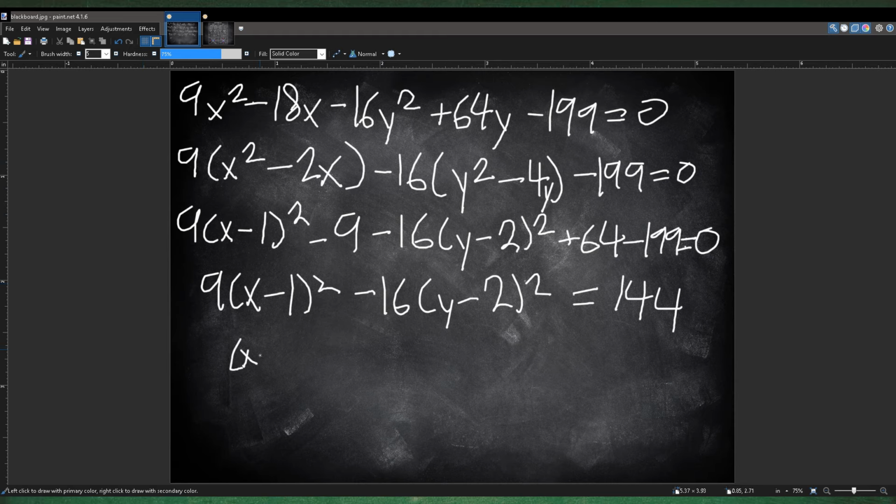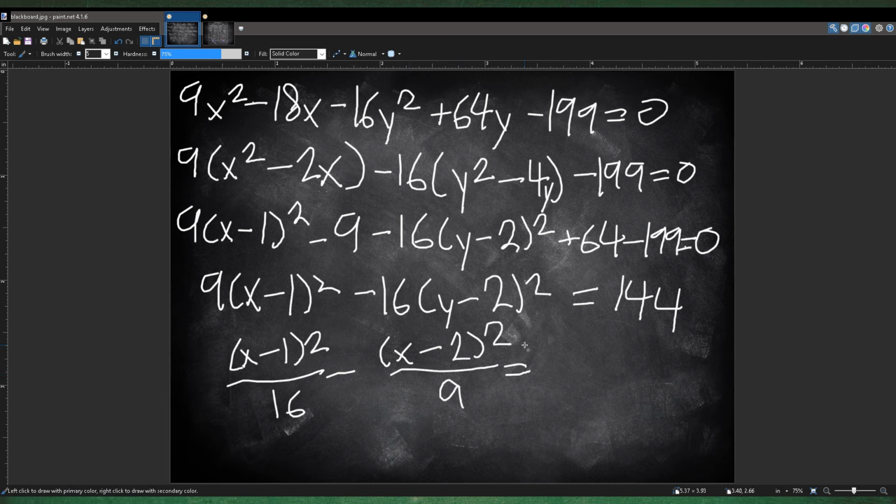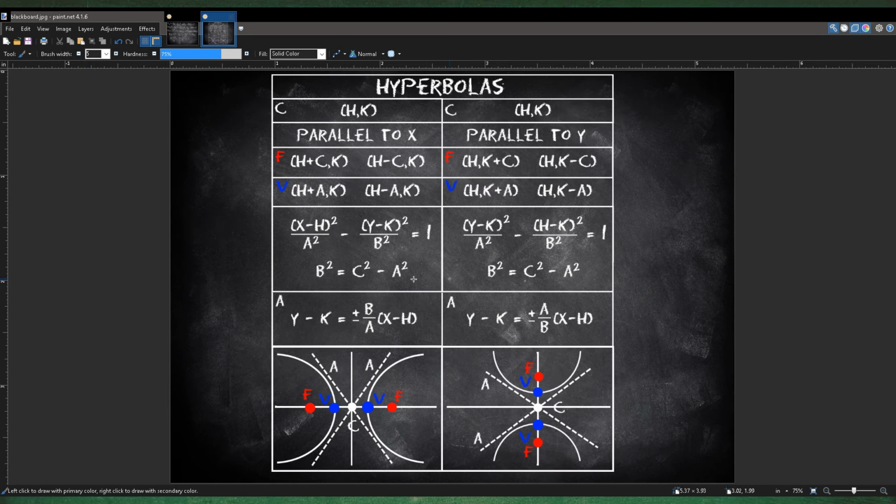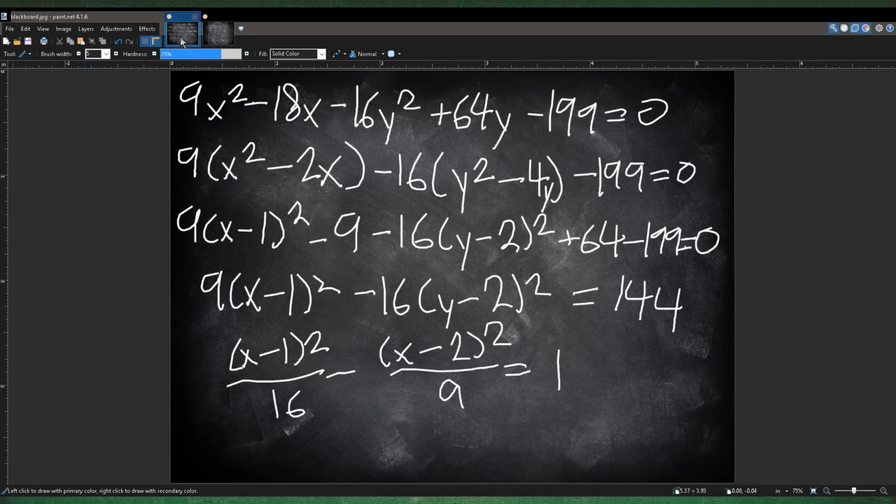So x minus 1 squared over 16. And 16 divided by 144 is 1 over 9. So it's y minus 2 squared over 9 equals 1. So you divide by 144 to get the denominators. And then this is basically the general form for these equations.